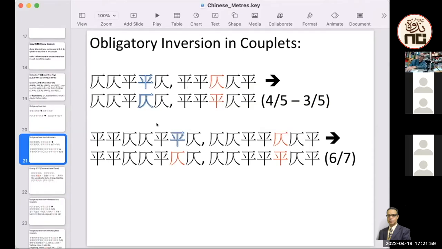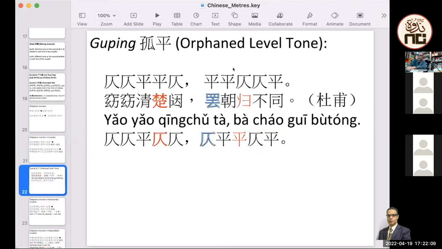This is the five-character line, and the same rule applies to the seven characters per line, that's ti and shi, heptasyllabic verse. Another example here, this is the same rule, changed in order to avoid copying.